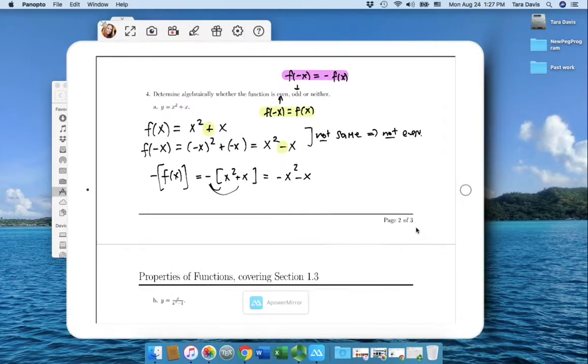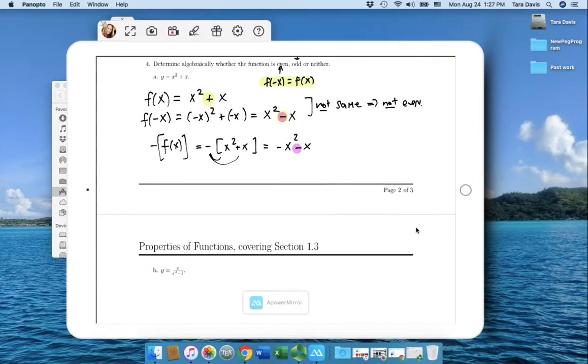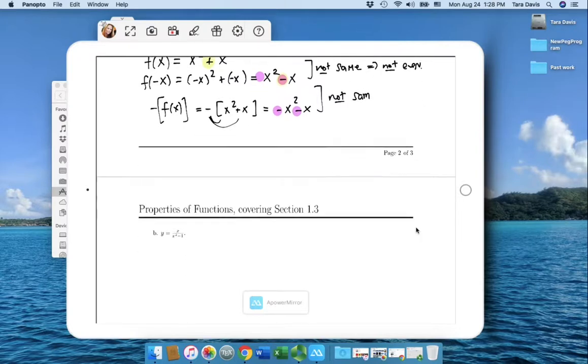So now the negatives match up, but what doesn't match up is that this is a negative in front of x squared, but this is not a negative in front of x squared. So these two are also not the same, which means that this function is not odd.